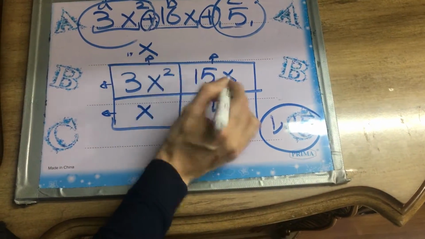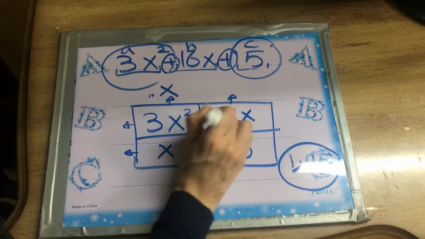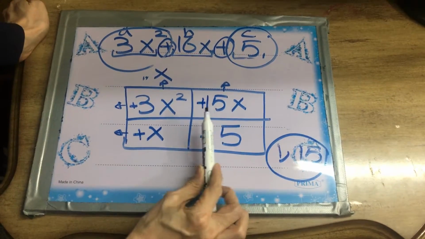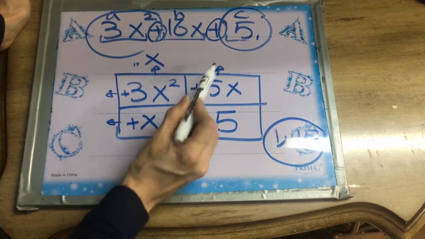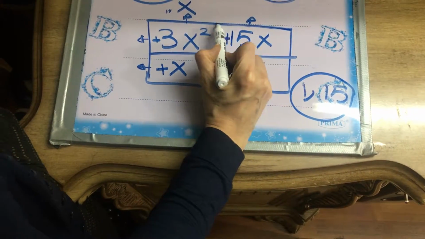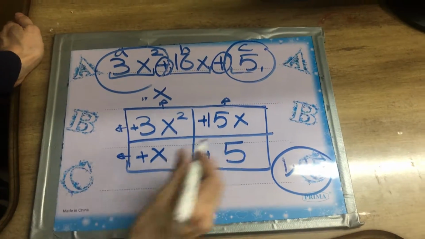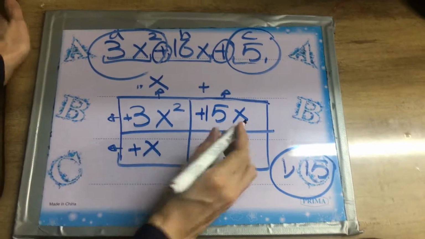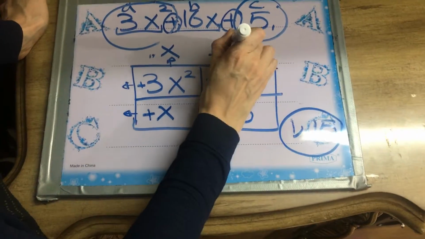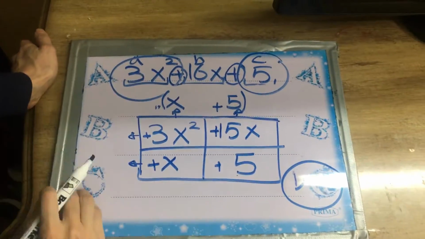Now, it's important to know what are the signs here. We have all positive signs. Now, if you factor up, the sign that is actually touching this is very important because it is the sign that we will use. What is the sign of 15? It's positive, so we write it here. Between 5 and 15, the greatest common factor is 5. X, we have nothing, so this is our first factor.